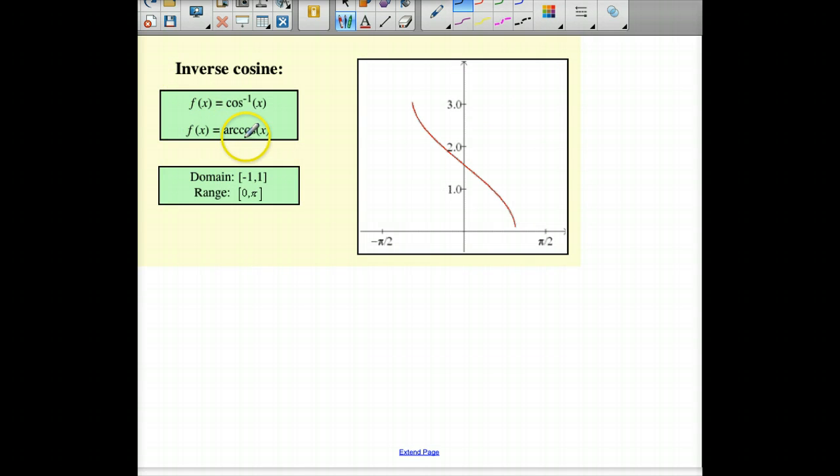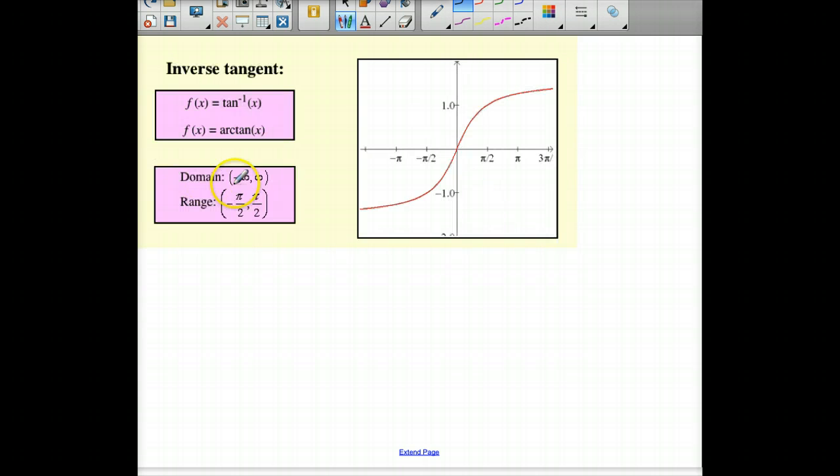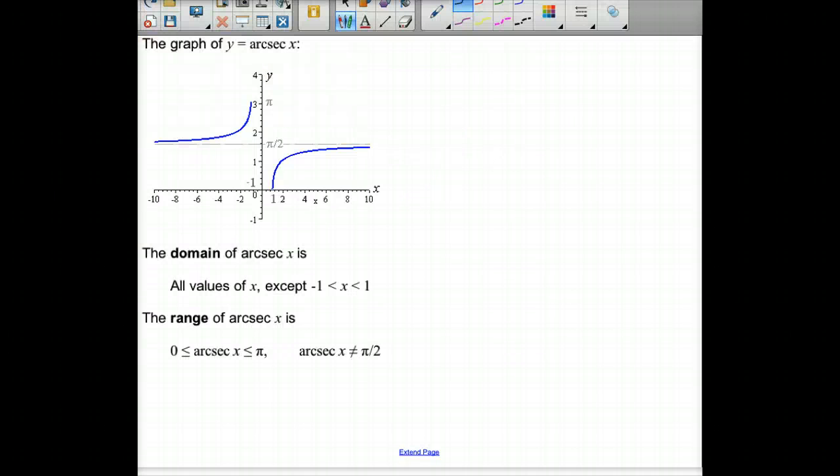Cosine. Arccosine is restricted from -1 to 1. The range is 0 to pi. Tangent. The domain is all reals, and the range is -pi over 2 to pi over 2. So basically we're just looking at one branch of the tangent graph. Arcsecant.